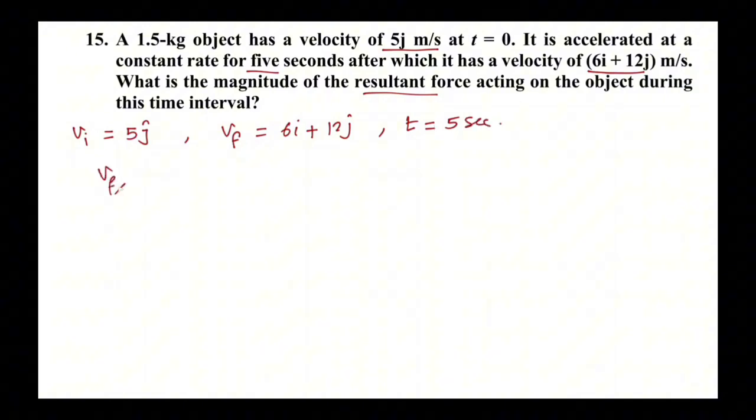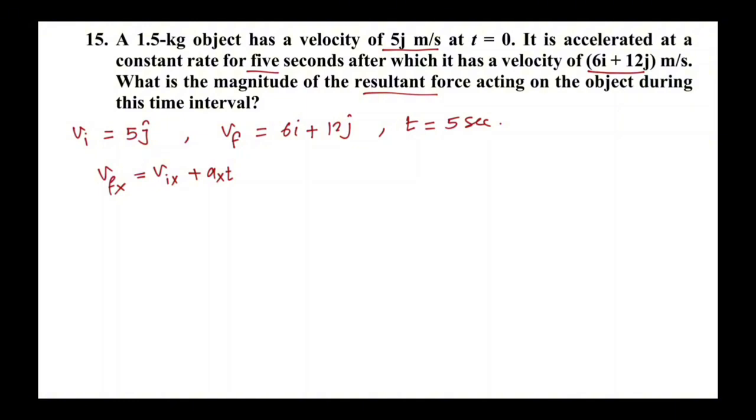V final x, use the equations of motion, equal to V initial x plus axt. We would like to calculate actually ax and ay. Once we calculated ax and ay, we can calculate the force using Newton's second law.